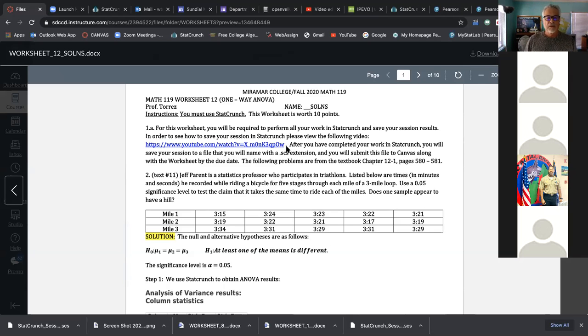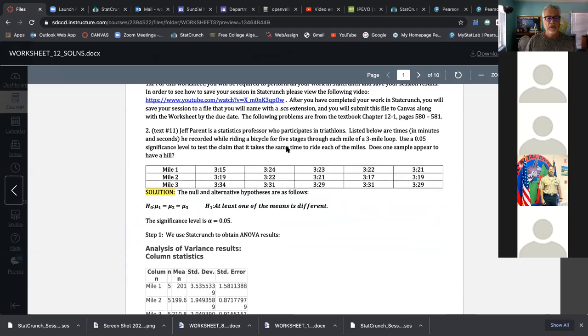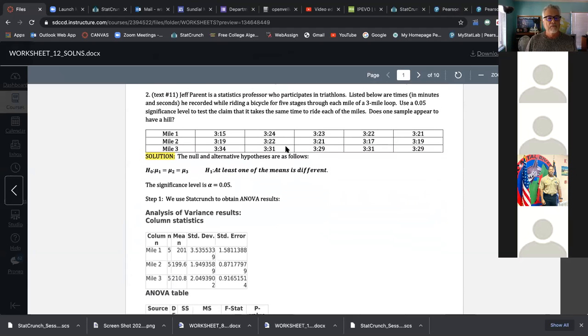So let's go ahead and start in with the first problem here, okay? And I'll read it and then we'll do our calculations. Jeff Parent is a statistics professor who participates in triathlons. Listed below are times.